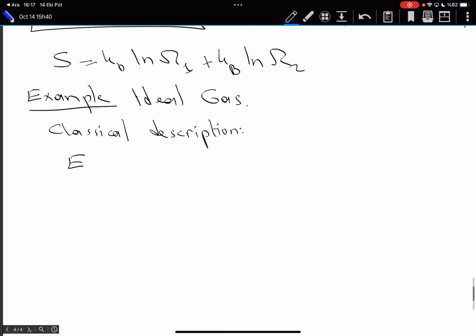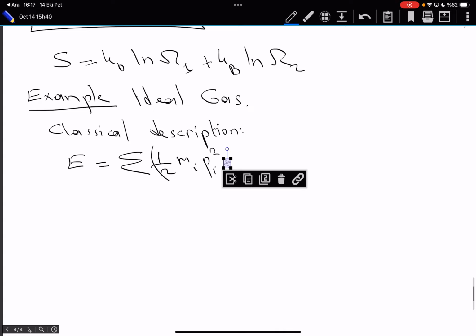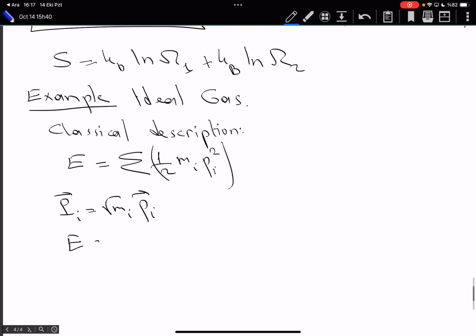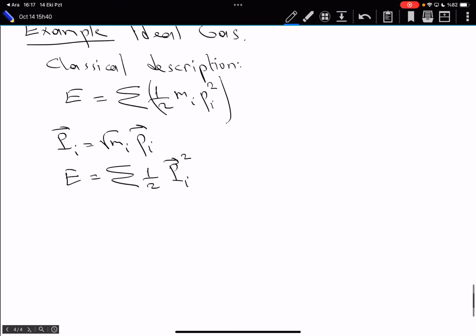Let's say the system has a total energy E, which will be given by the sum of 1 over 2m_i times p_i squared. Just a bunch of particles with masses m_i, where each one has a momentum p_i. Well, let me define a different momentum, capital P_i, as p_i over the square root of m_i. So the energy will be just this one.